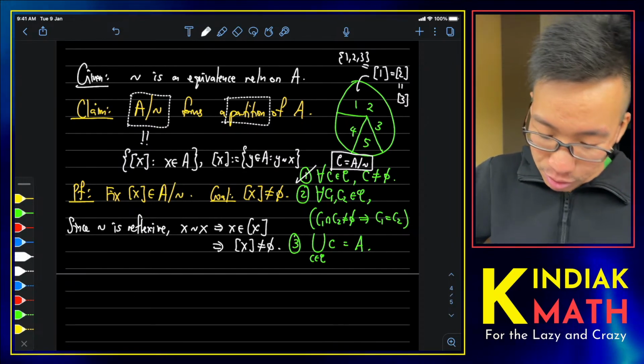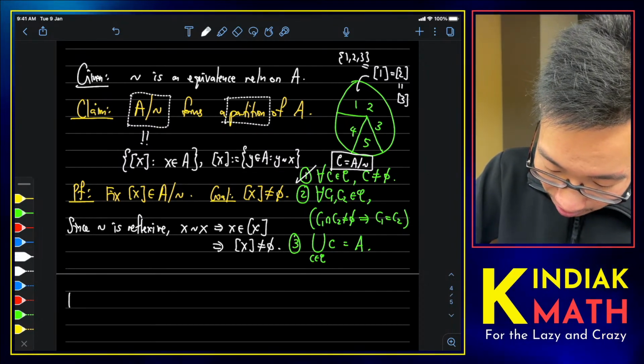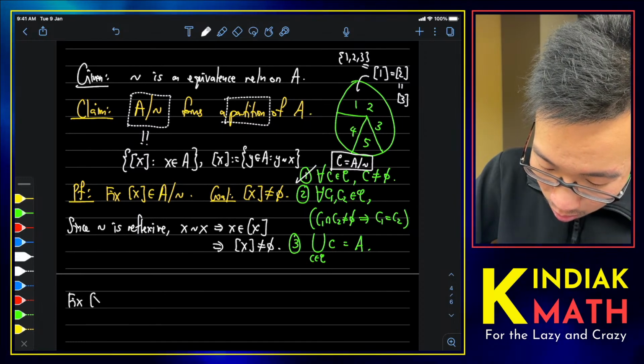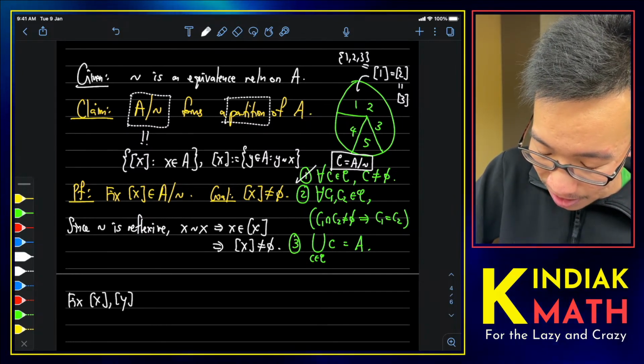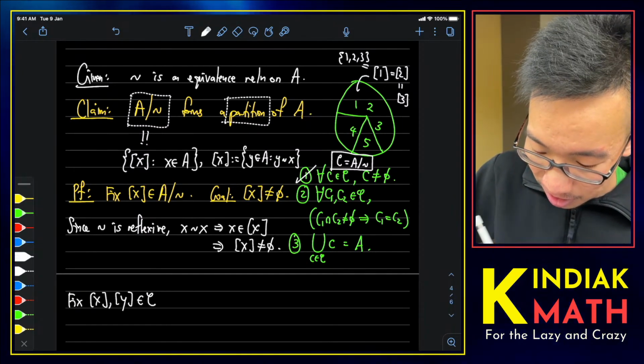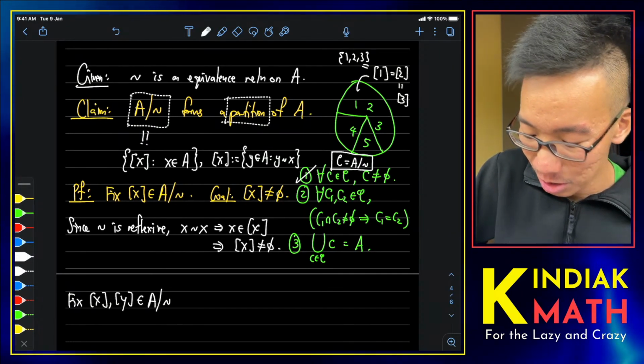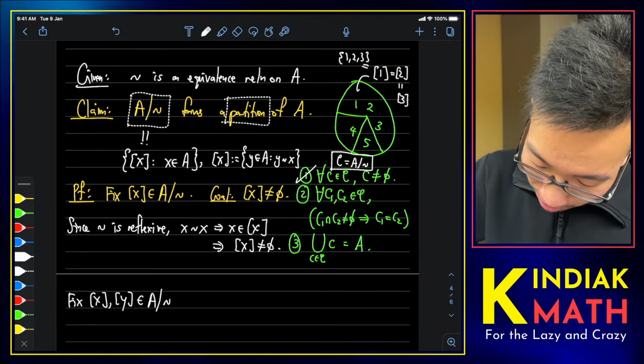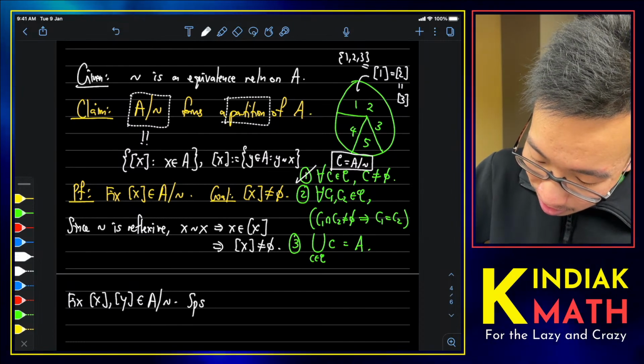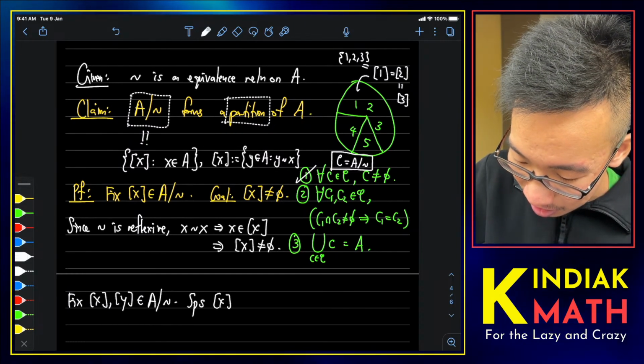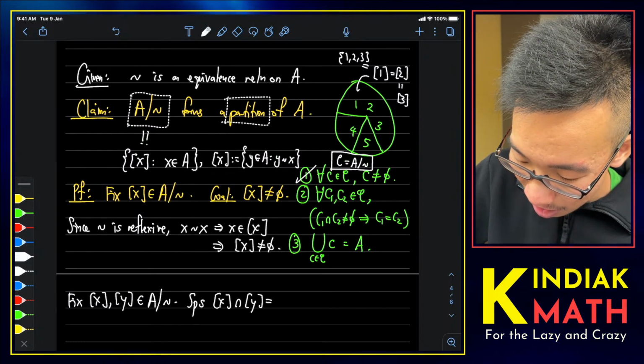Now we need to prove the second bit. So let's fix two equivalence classes inside A quotient tilde, and we are going to suppose that these guys are non-empty.